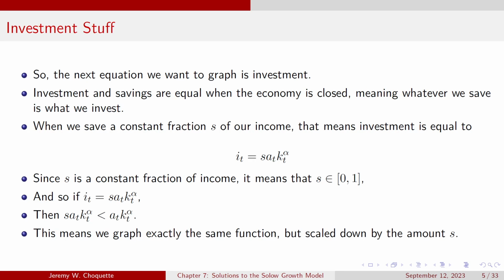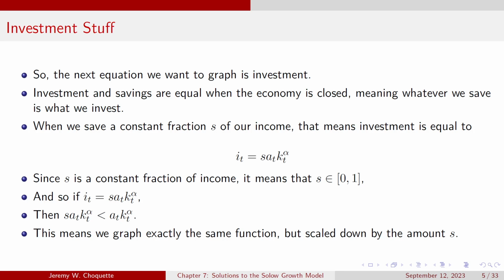Now, the next thing that we want to graph is investment. Remember, investment and savings are going to be equal when the economy is closed, meaning that whatever we save is equal to what we are investing. And we're saving a constant fraction of our income, which means that investment is equal to s, that constant fraction, times our output, which is also our income.